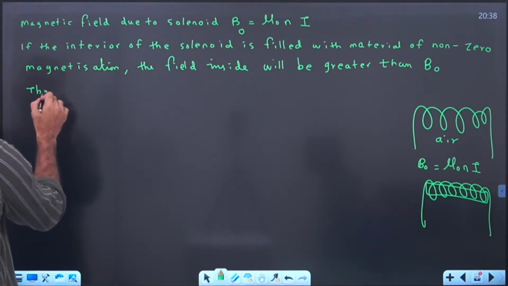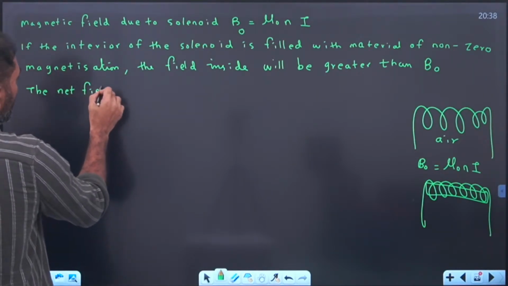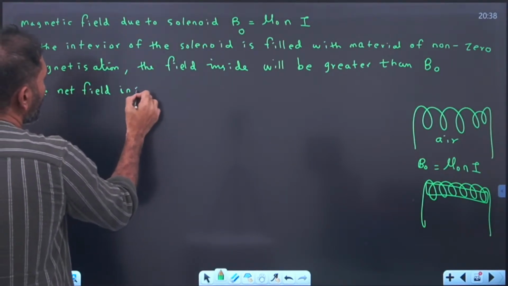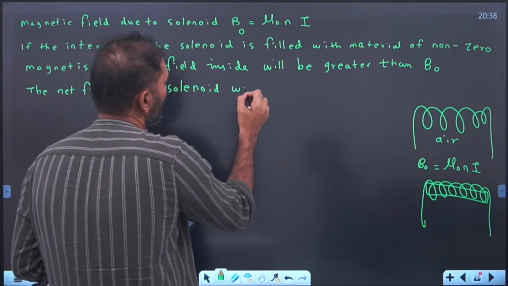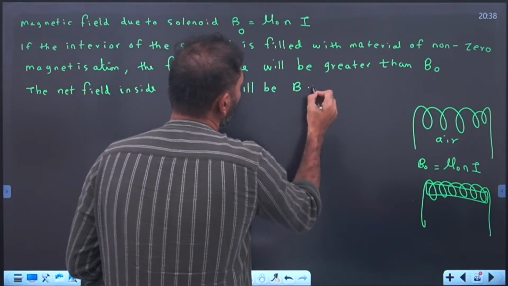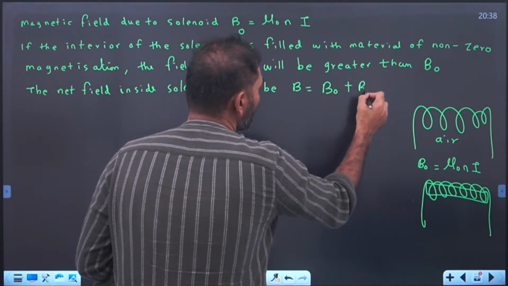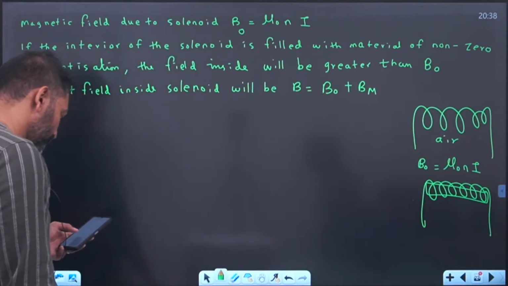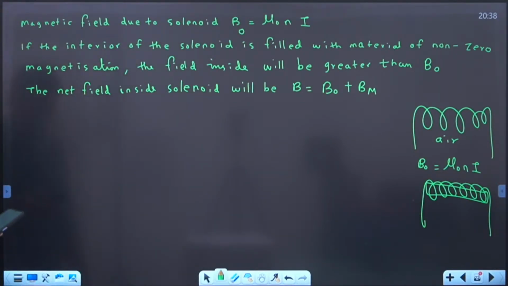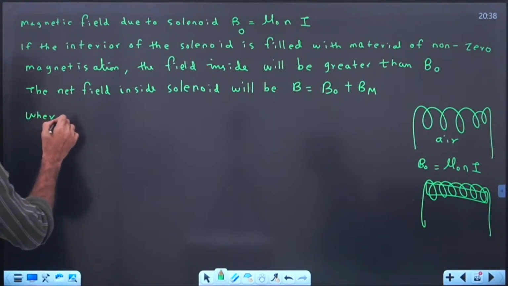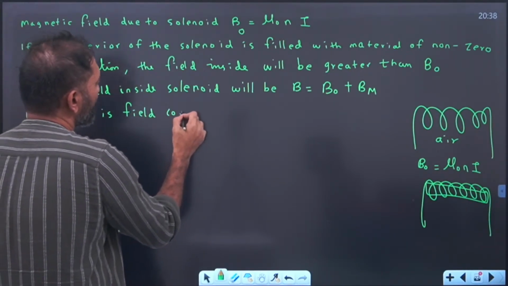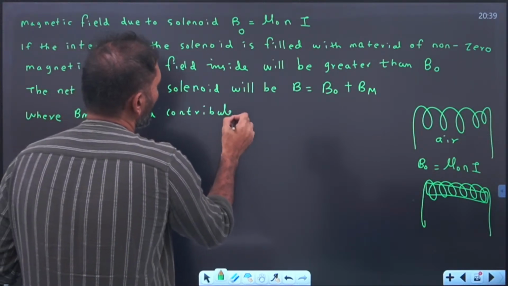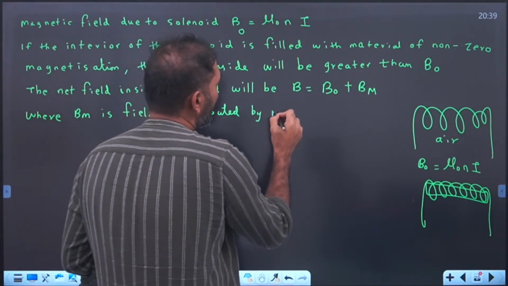The net field inside the solenoid will be B equal to B0 plus Bm, where Bm is the field contributed by the material core.